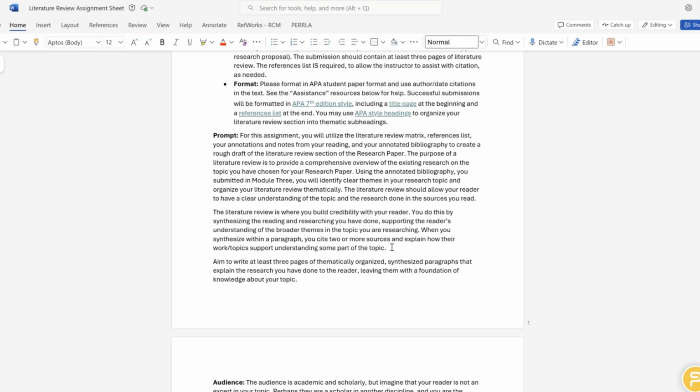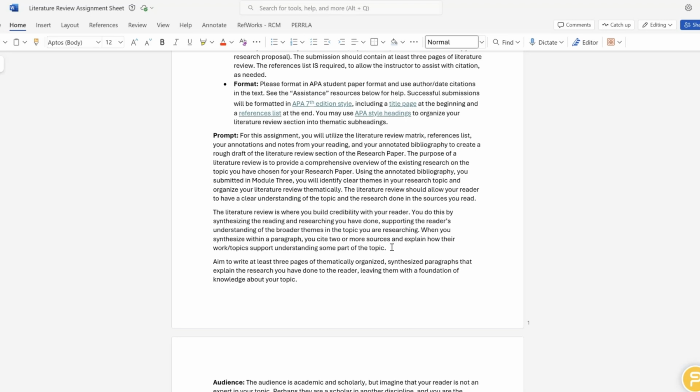An analogy I always use with my students is it's kind of like a zipper. When a zipper is undone, you have two distinct things. Synthesis is that act of zipping it up, of bringing it together, of making these two things stronger as a whole than they were individually.